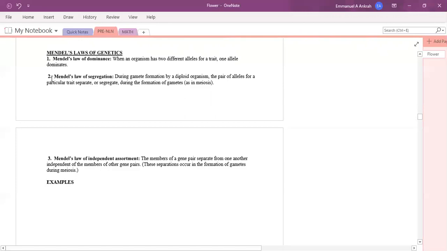Then there is Mendel's law of segregation.